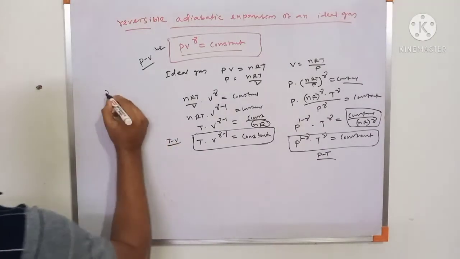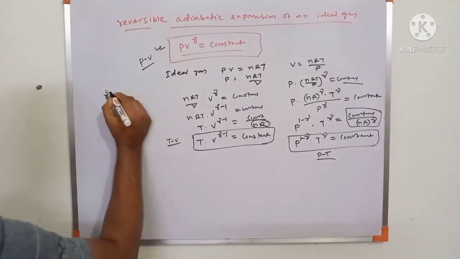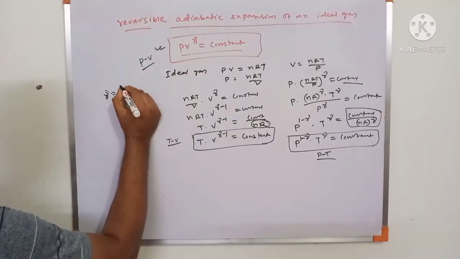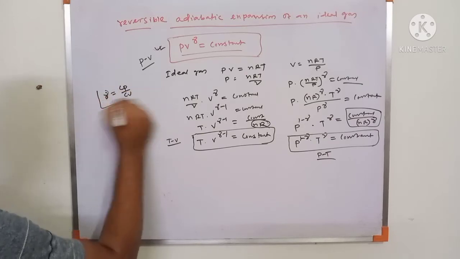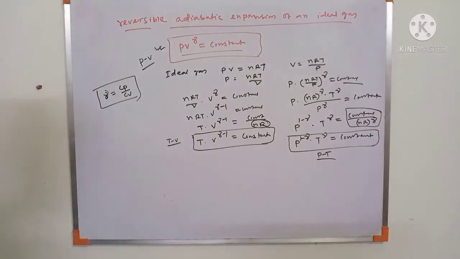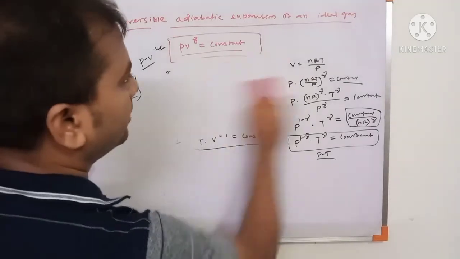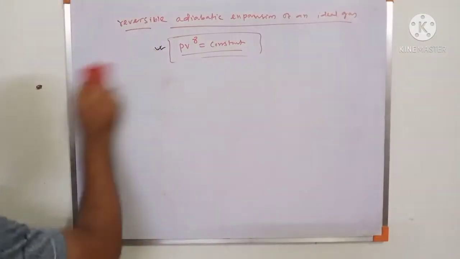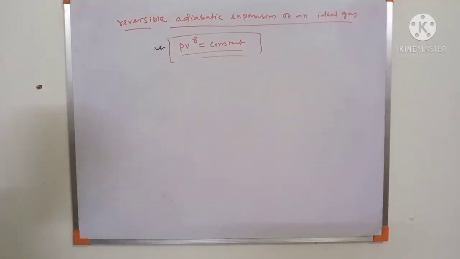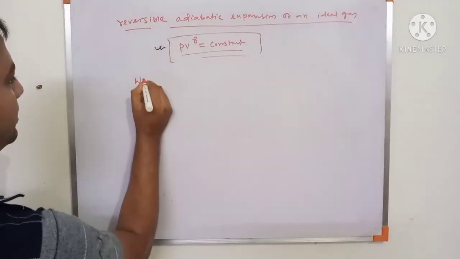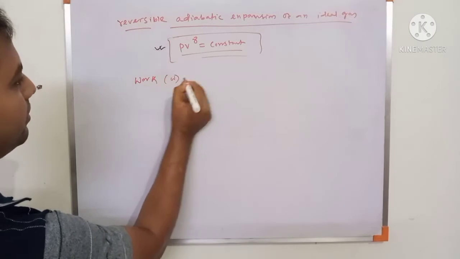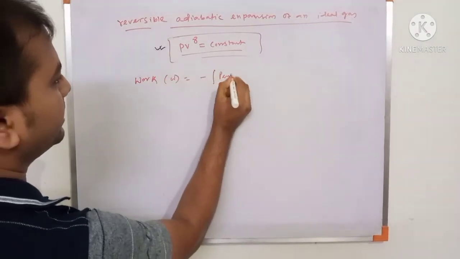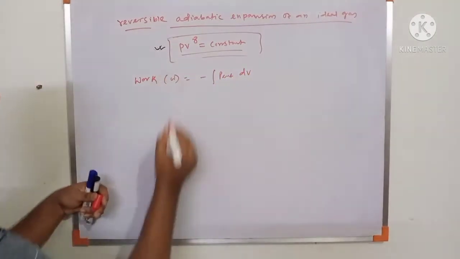And this gamma, we know, equal to Cp by Cv. Now calculate work. We know W equal to minus P external into dV.